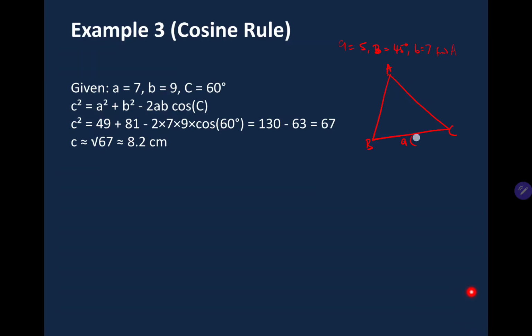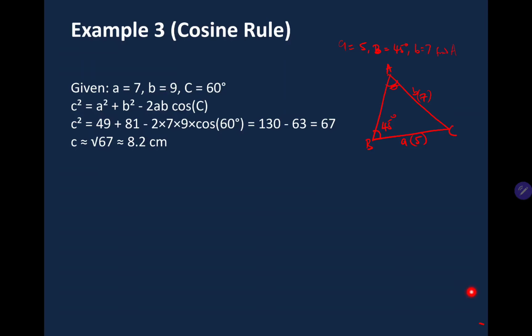We have angle B to be 45 degrees. And side B is the opposite side to the angle B, and we say that is 7. Then we're told to find angle A, call angle A theta.